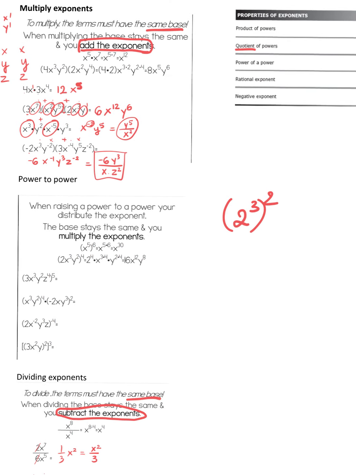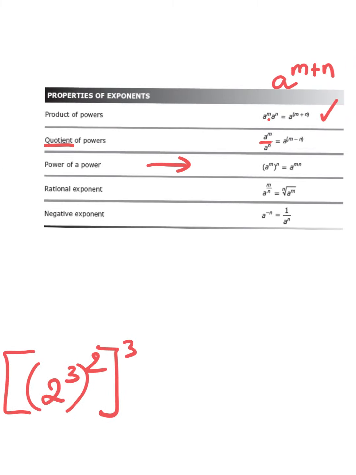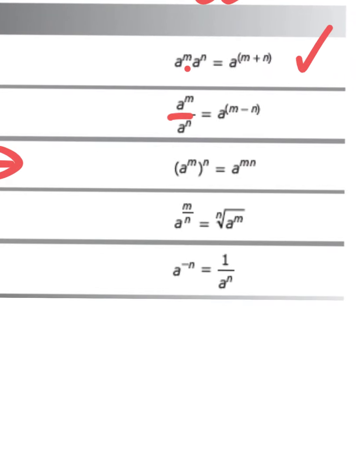Sometimes you can see it raised to the power of 3 again. To do that is called power of a power. That means you multiply the exponents. M is one exponent, n is another exponent; to do that, you multiply the exponents. I like to put a dot in between that too.